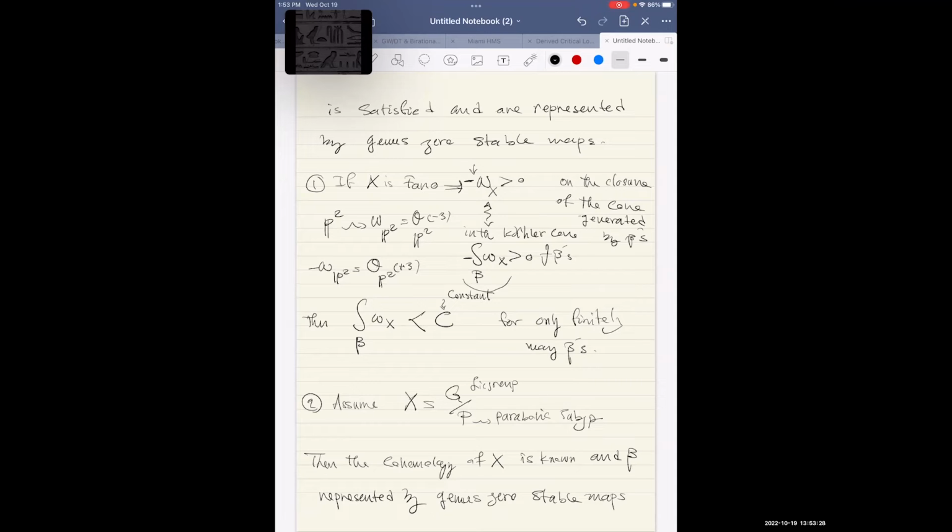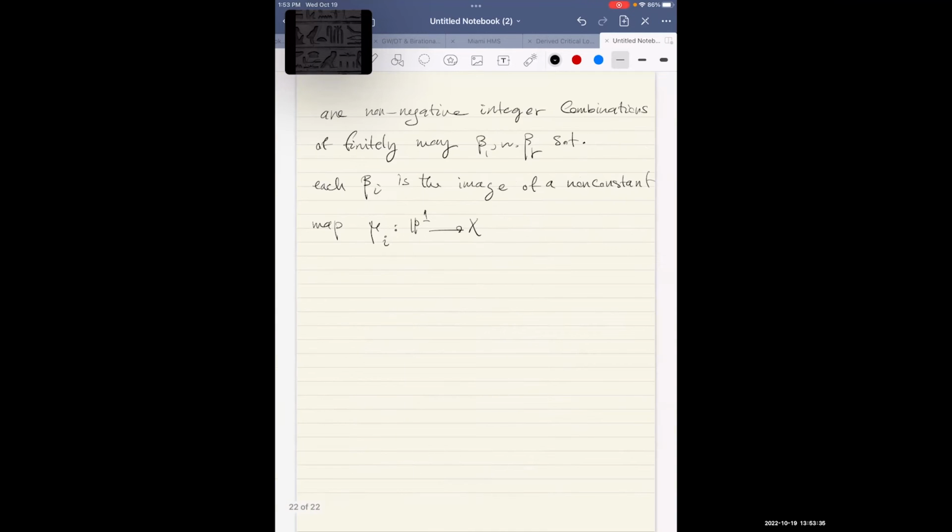So first it says you have restrictions on the betas. Those betas which are represented by genus zero stable maps are not just wildly random. They are all non-negative integer combinations of only finitely many betas. Okay, and these are genus zero, all of them, and they are maps from P1 to X. So we are going to call beta I the map mu I from P1 to X.